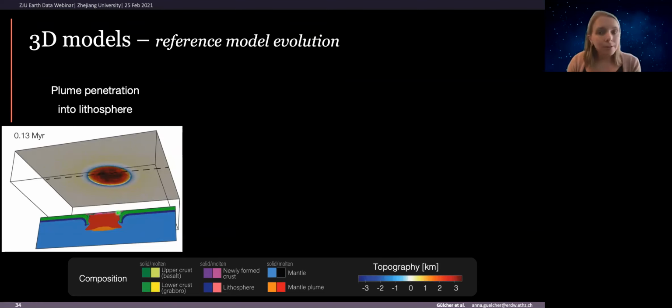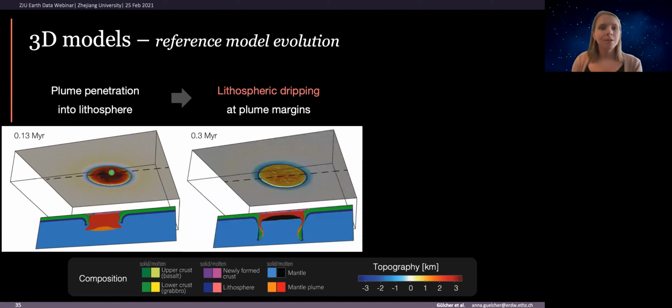So the newly formed crust is barely visible, but is here shown in pink and purple colors. And the surface topography at this stage is characterized by an elevated interior, shown in red, surrounded by a deep circular trench. So as time passes, the plume head widens and pushes the lithospheric material outwards and downwards.